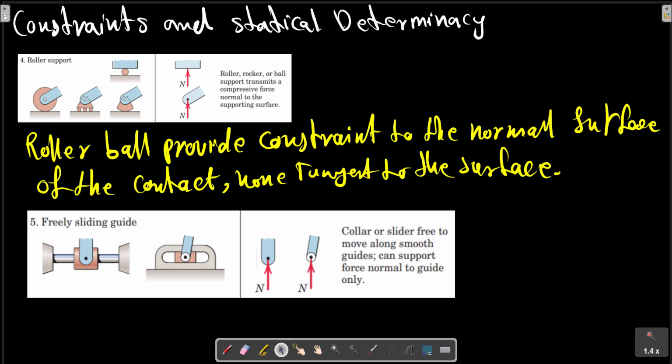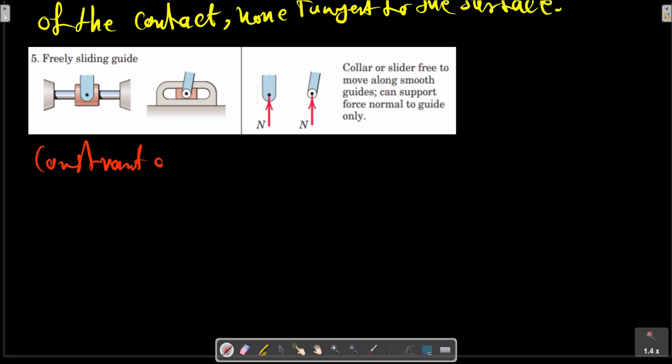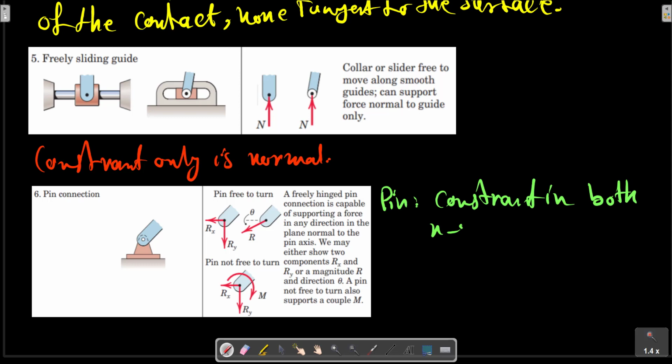In example 6, the fixed pin connection provides constraint in both directions, X and Y direction.